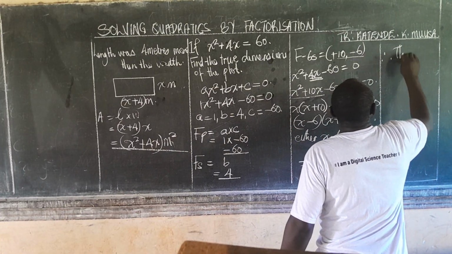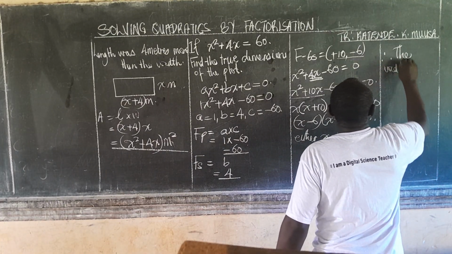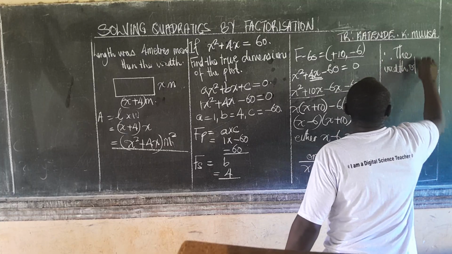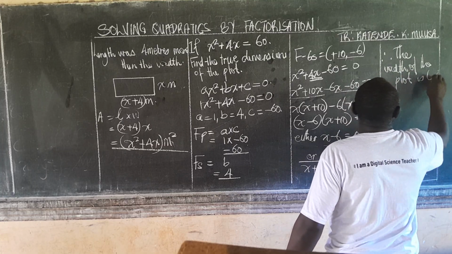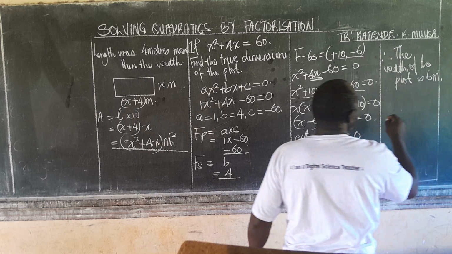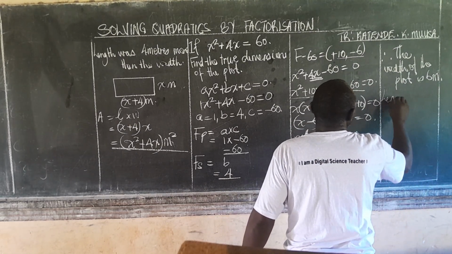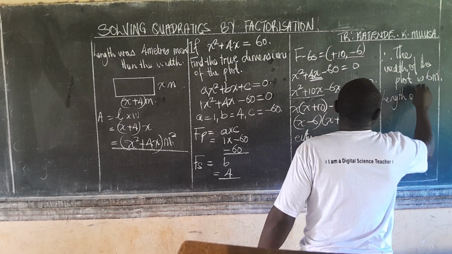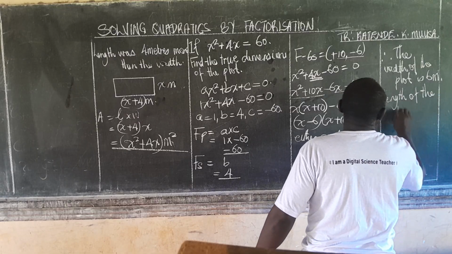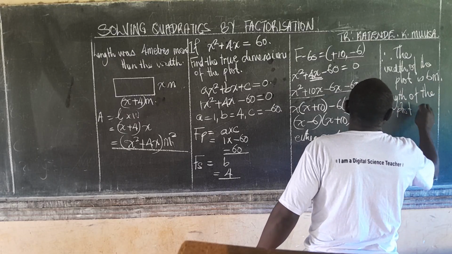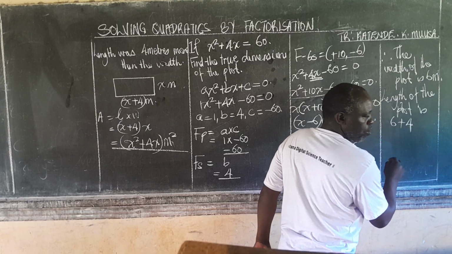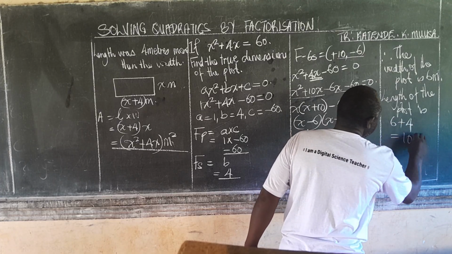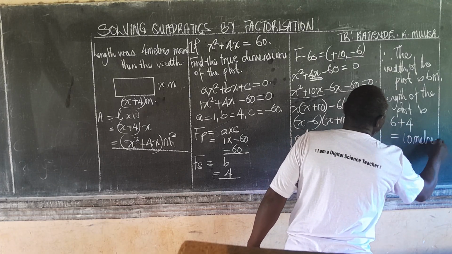Therefore, the width of the plot is 6 meters, whereas the length of the plot is 6 plus 4, which gives us 10 meters.